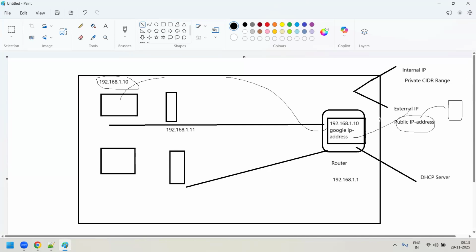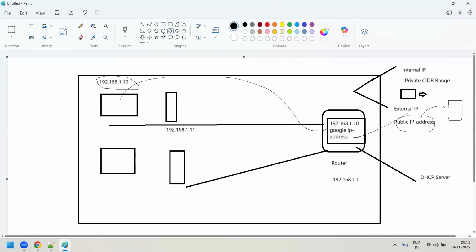Now when the packet is sent outside, it will try to reach some external router. That router says, from this public IP address he is requesting this Google page, but I don't have that information, so please send it to some further router.